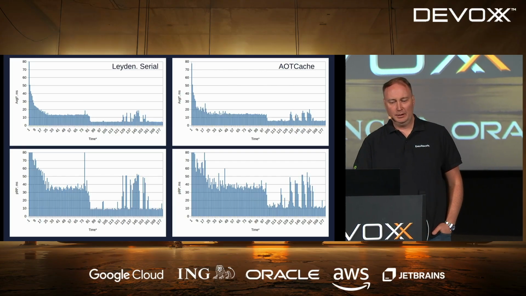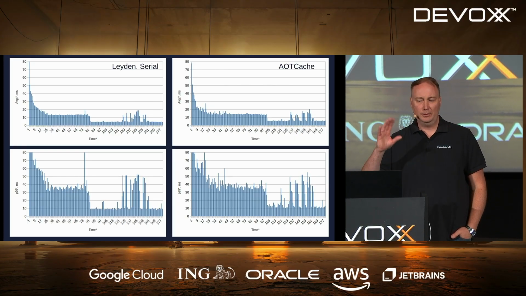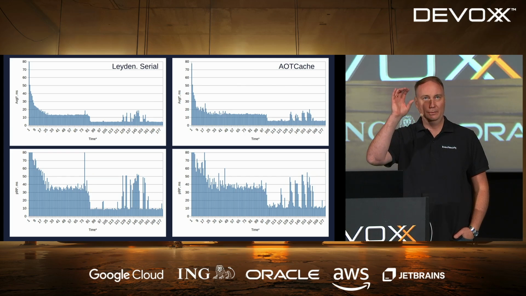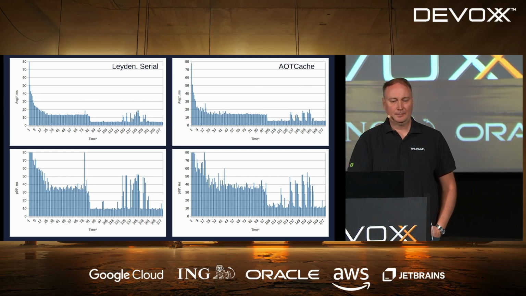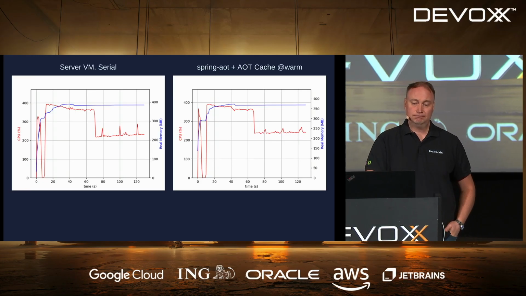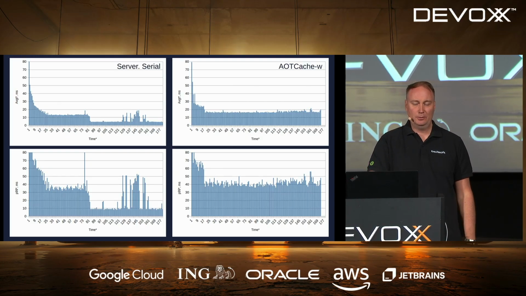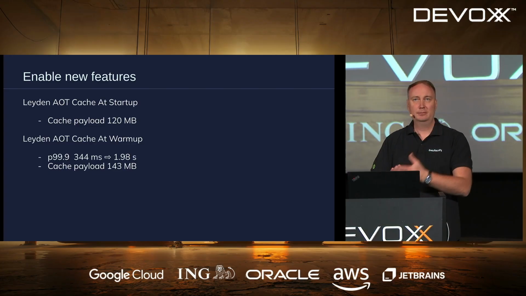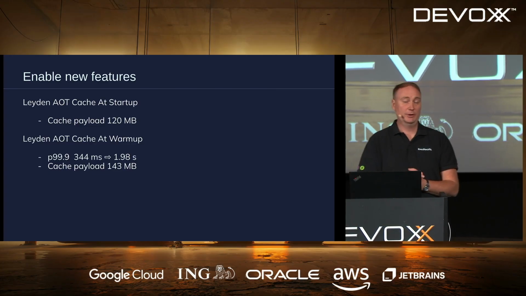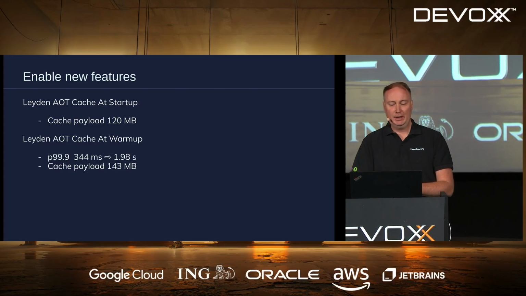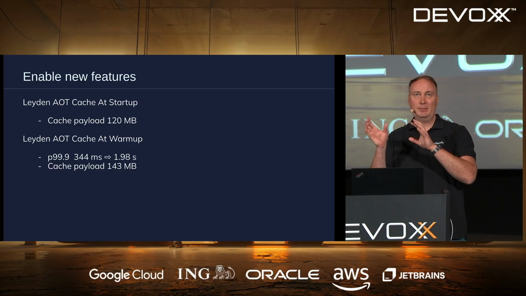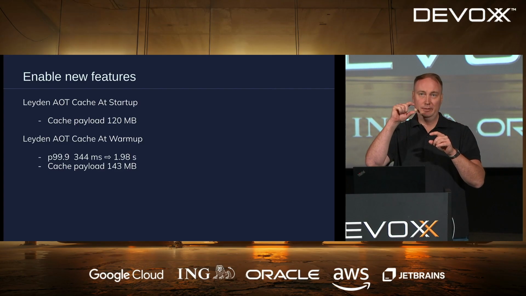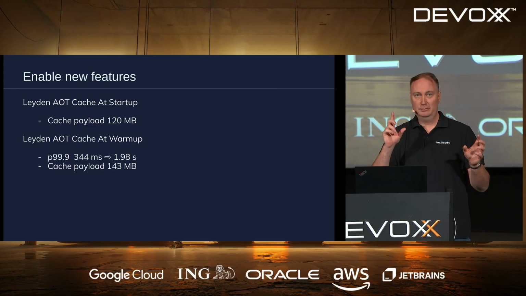And again, this is true for both scenarios of AOT cache creation, right? Though we also get the same or even worse latency strike. And here, by the way, the baseline is the same application being run on the Project Leyden build, not on the JDK 25 build.